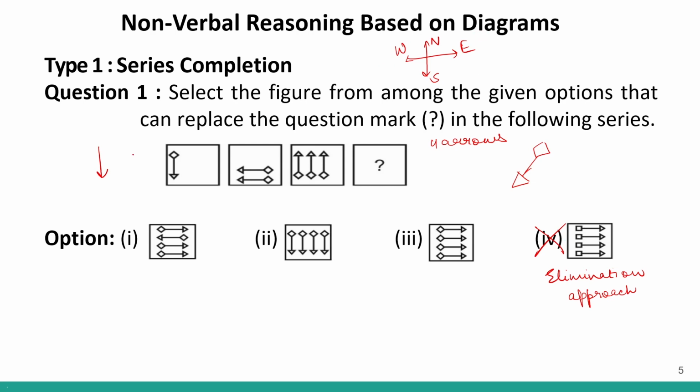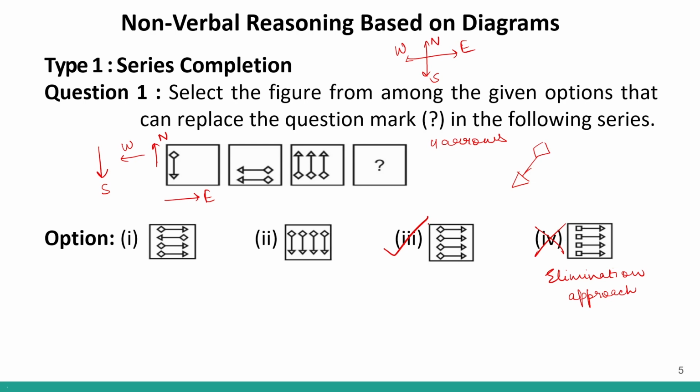So this arrow is facing south, then this arrow is facing west, then this arrow is facing north. So clearly the next arrows will be facing east, all the arrows. So all the arrows are facing east in option number 3. So option number 3 will be your correct answer to this question. So this is a very simple question. These are the types of questions that you get in series completion.